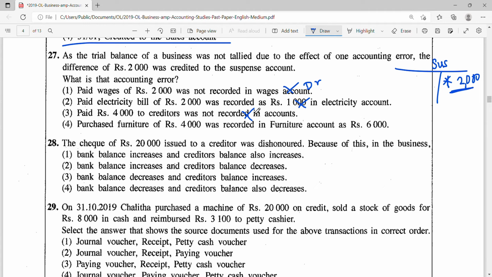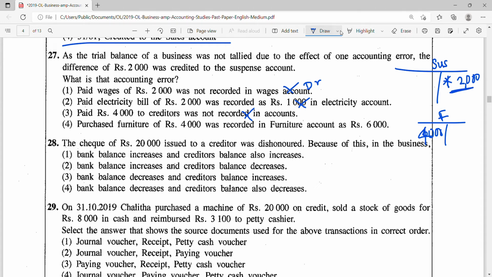Finally, fourth one, purchased furniture of rupees 4,000 was recorded in the furniture account as 6,000. Now, they have purchased furniture, which means cash credit, furniture account debit. But if this was the furniture account, you need to debit it by 4,000.